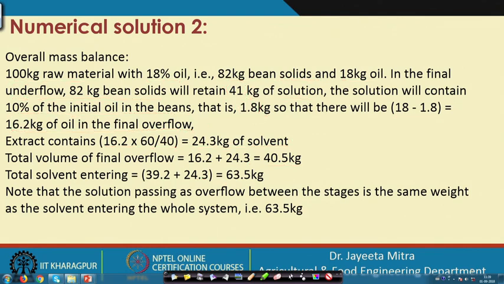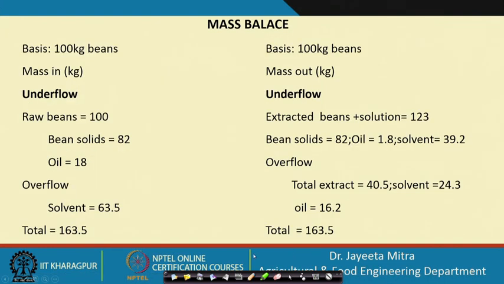So, this is the overall balance. For 100 kg in the underflow, we are getting bean solid 82, oil 18, overflow solvent is 63.5. So, total is 163.5.